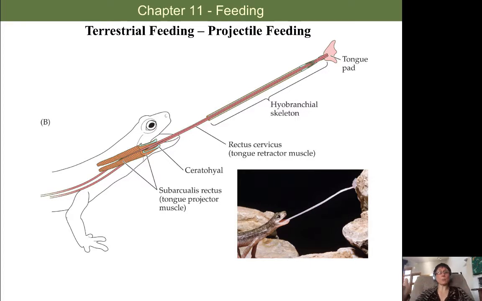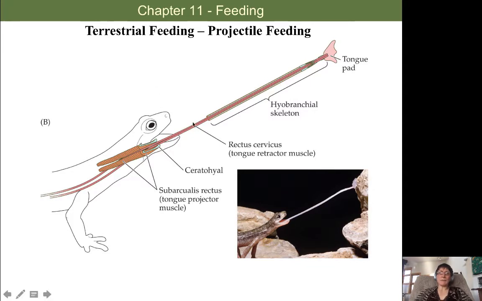Okay, so they can both projectile feed. There's variation within each group. But more importantly, it's how they are able to extend their tongues. In this picture that I showed you in class, this is showing the extreme version of what you get with plethodontids, but what I want you to take home from this is that they both exhibit ballistic propulsion.